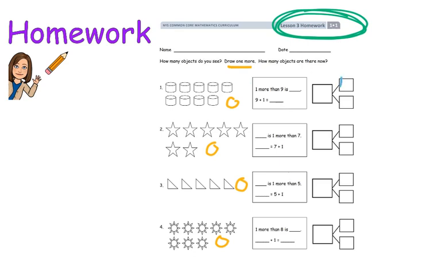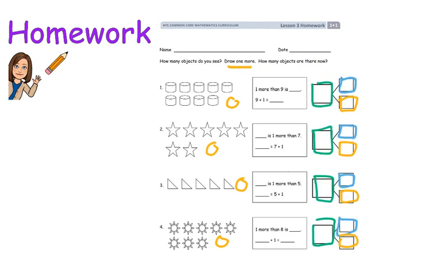We have our part, and our part, and our total. So remember, we have our 2 parts and our total. Alrighty, now you can go ahead and do the rest of these problems.